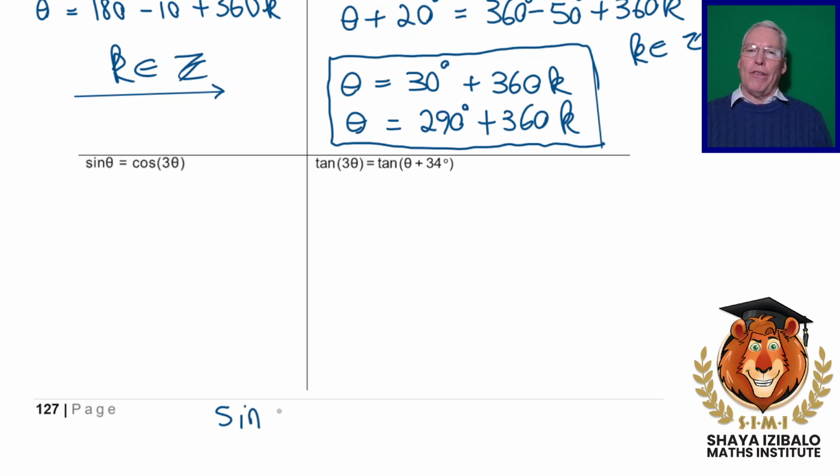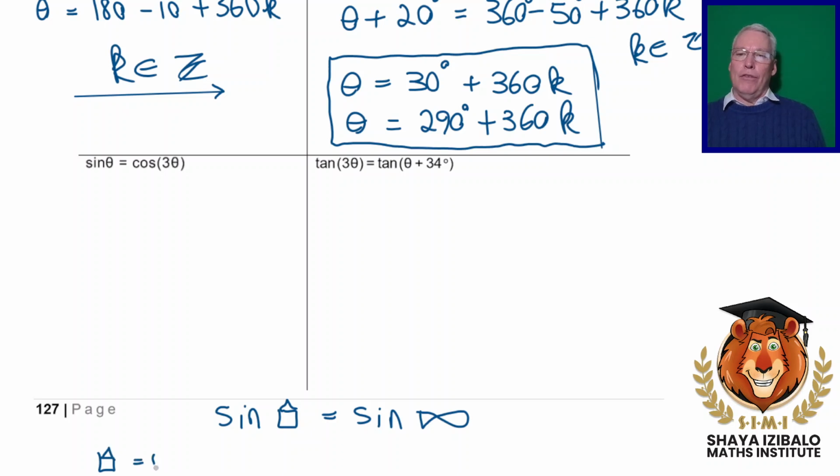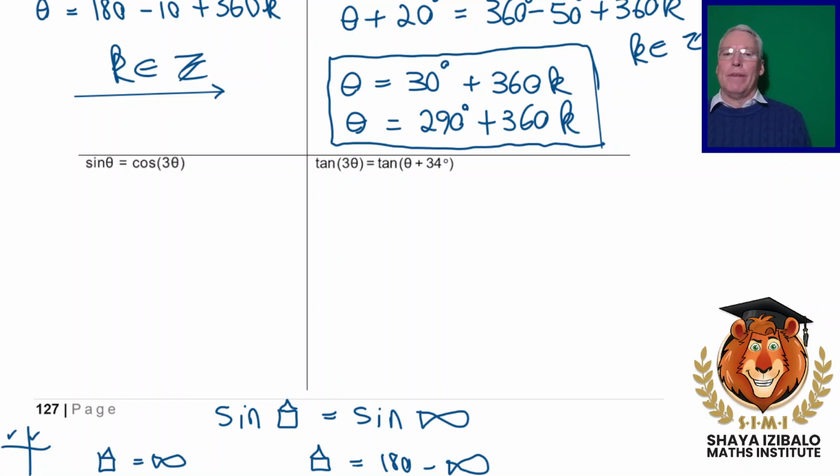For example, if we've got sine of house equals sine of fish, the two possibilities are that house equals fish, or that house is 180 minus fish. And the reason it's 180 minus is because sine of 180 minus is the same as sine. Okay, it's because of our CAST diagram. Now, to each of those, we could add 360k. That's if we've got sine equal to sine.